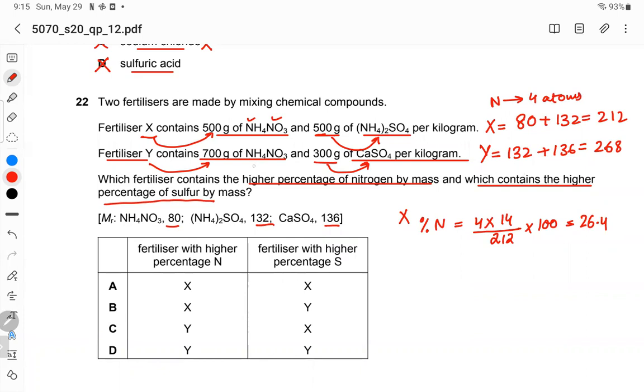And in case of Y, we have 2 atoms of nitrogen, and its MR is quite a bit higher than X, which means I can easily conclude that X has a higher percentage of nitrogen than Y. Is this clear to everyone?